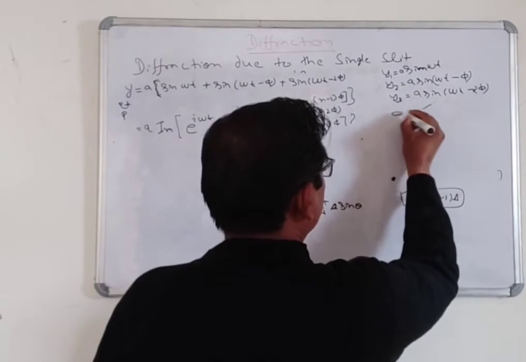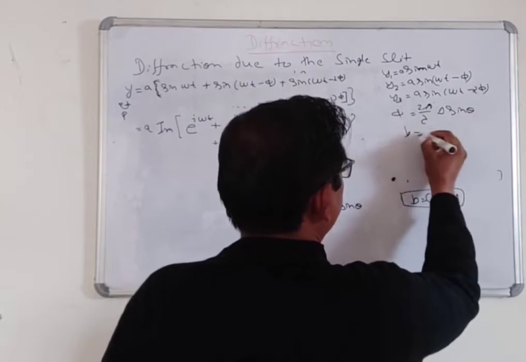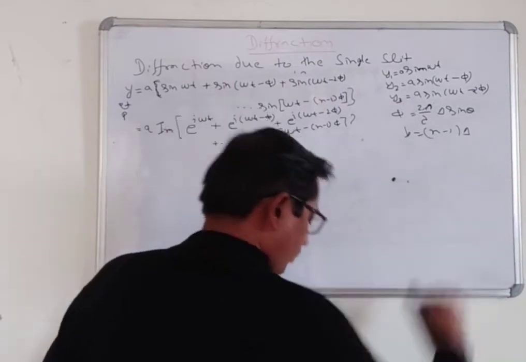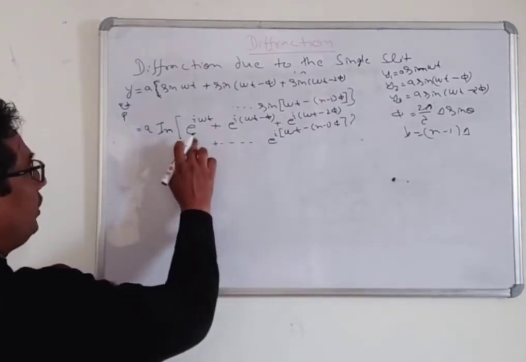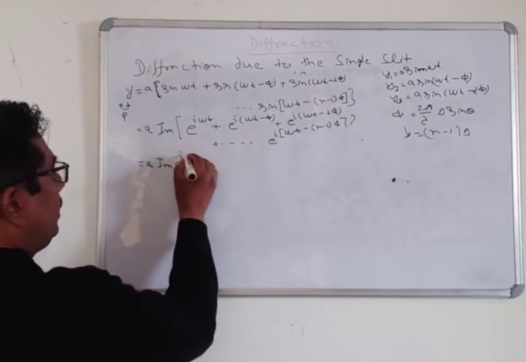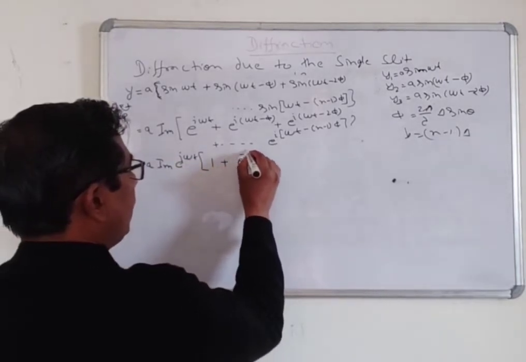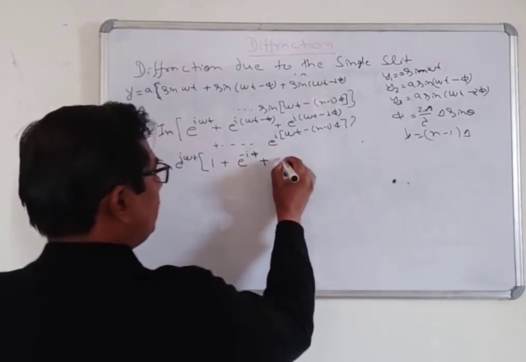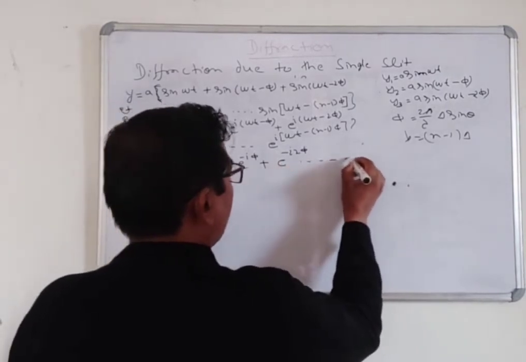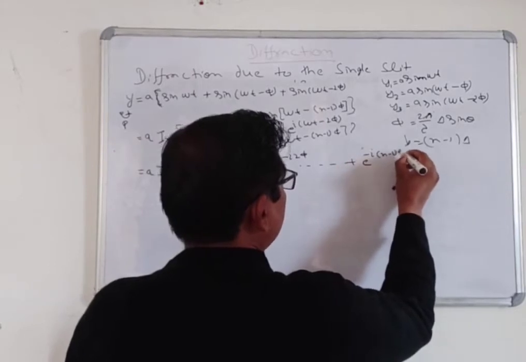Now we will take e to the power i omega t as common. The imaginary part of e to the power i omega t equals 1 plus e to the power minus i phi plus e to the power minus i 2 phi, and up to e to the power minus i n minus 1 phi.